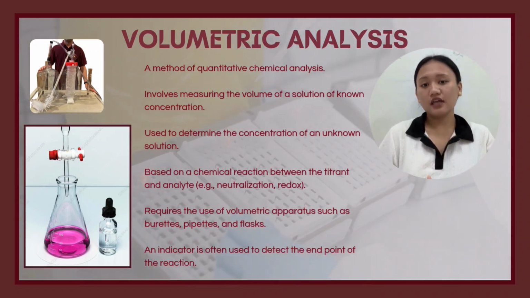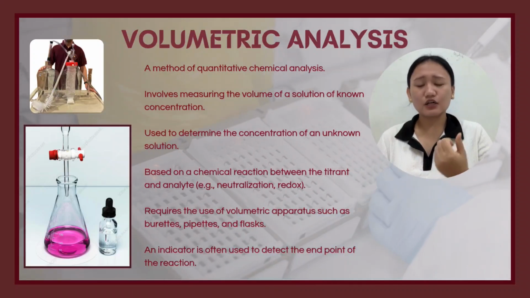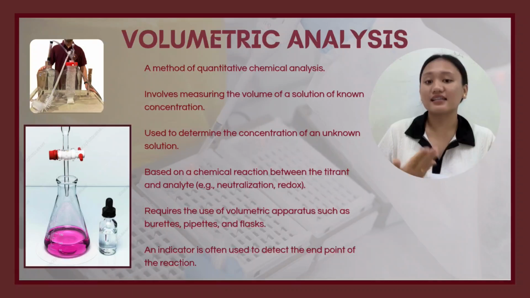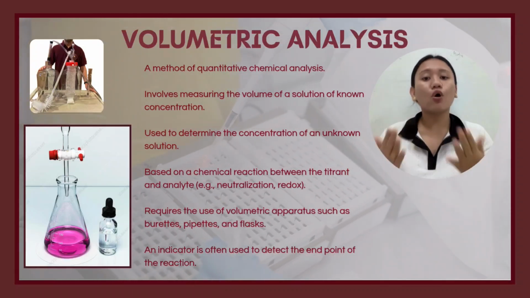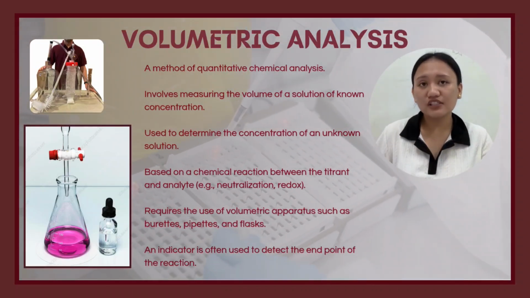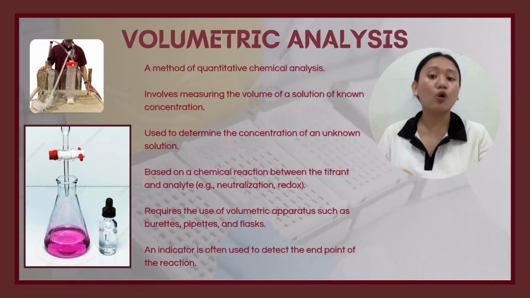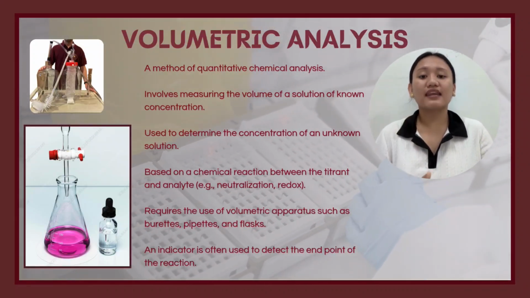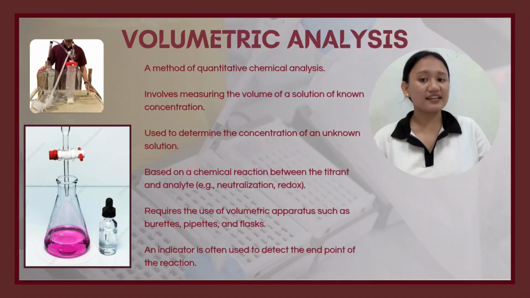Now, I will tell you a little bit about the definition of volumetric analysis. So actually, volumetric analysis is a full and precise method of quantitative chemical analysis. Basically, it's all about measuring how much of a known solution, called the titrant, we need to react completely with an unknown one, the analyte.